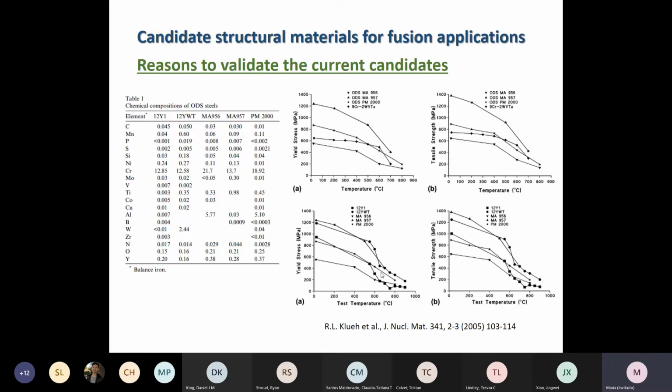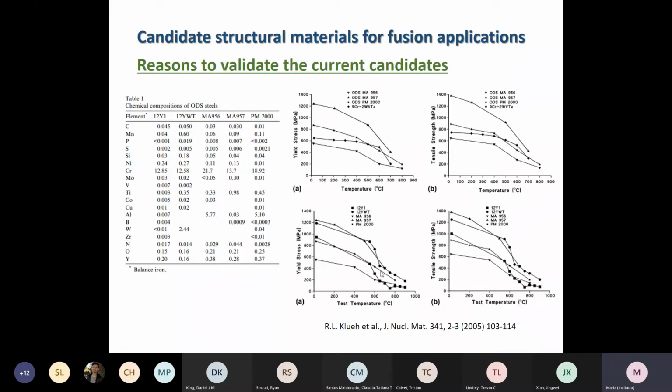And we see that ODS steels sound like a good, interesting option. It has very interesting potential applications, and we know that it's going to work, and we can say, okay, let's do this, let's go for it, definitely. Well, how do we manufacture them? How can we get a real ODS steel?